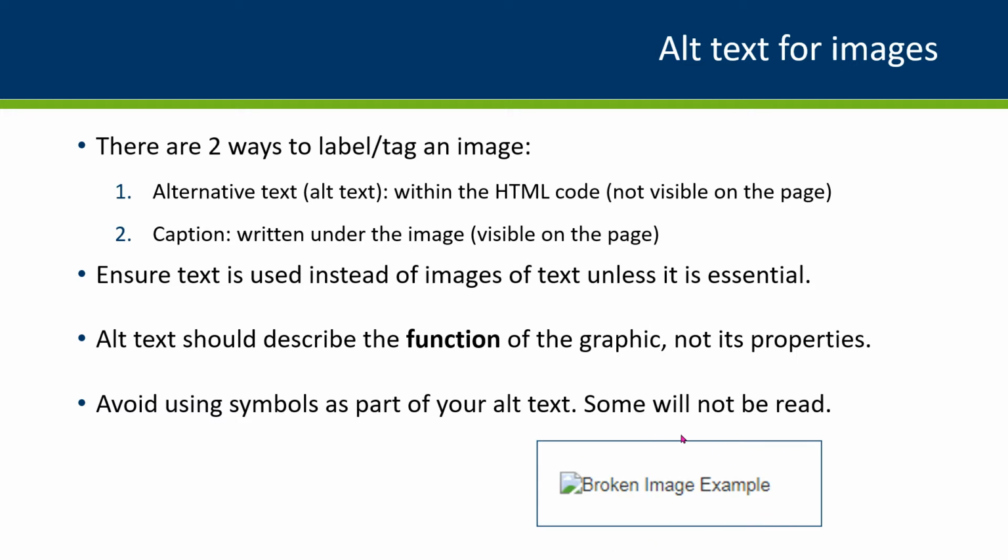I have an example of the image here. Now, if it's on the website, if you didn't have alt text, then it would just show the broken image icon, if your image for some reason did not load, or it's too big to load, or something happened to it.